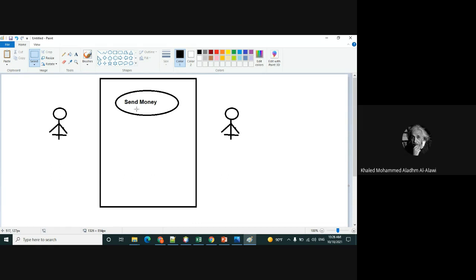You will go to the bank. Okay, after that. Enter your PIN. After that, add the money and the details of the other person.